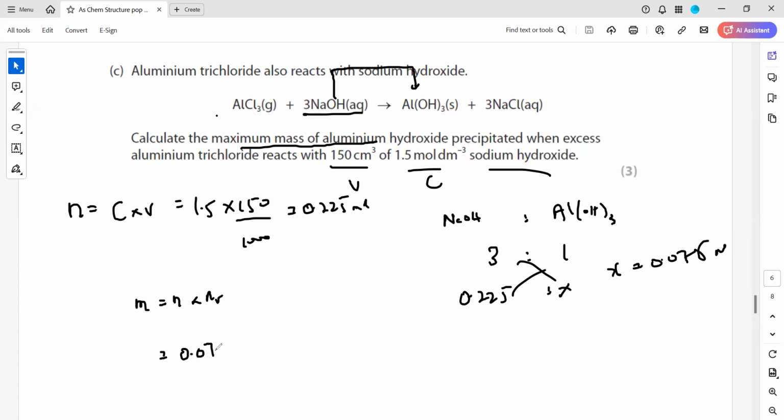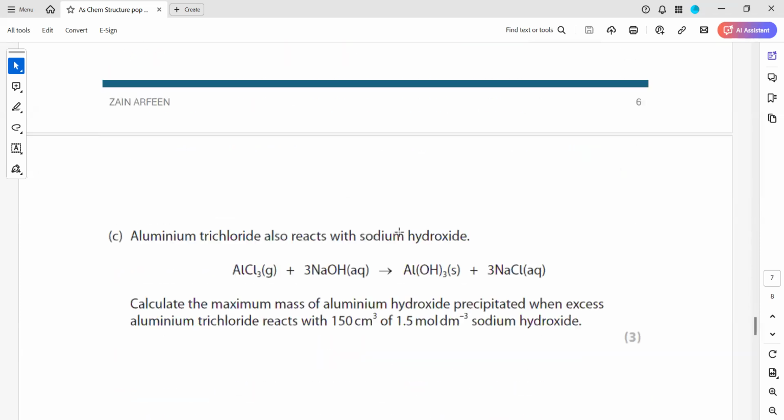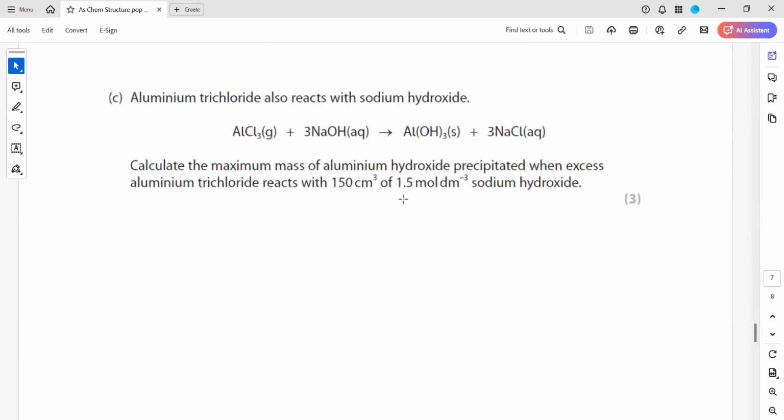So moles are 0.075 and the molar mass of aluminum hydroxide is 27 plus hydrogen 1 into 3 plus oxygen 16 into 3. So when you multiply, you get the mass in grams, that is 5.85. So 5.85 grams of product, or aluminum hydroxide precipitate, we will get. Part C, any doubt?